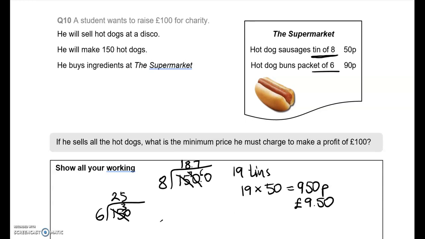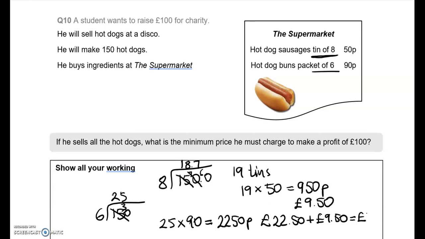So 25 times 90, which is 2,250 pence, which is equal to £22.50. So we need to add to that the £9.50. That makes £32 in total.